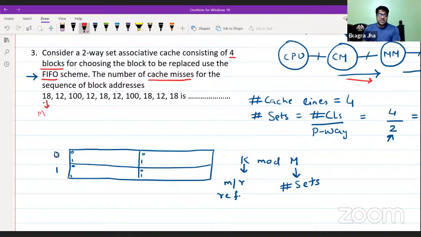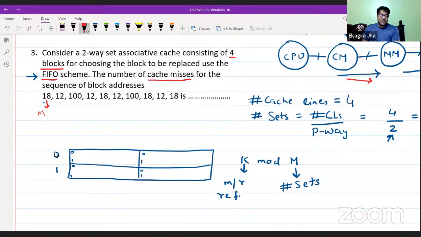So the CPU is asking for 18, which is not present in the cache memory, and the reference is transferred to the main memory. The main memory will transfer it back to the cache memory so that the CPU can read that data. But it is still a miss operation in the cache memory the first time.